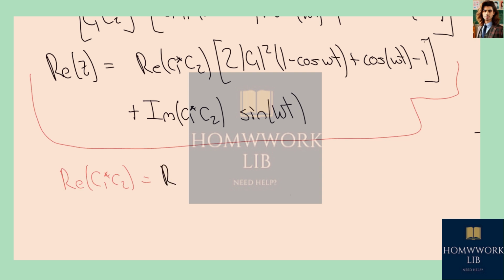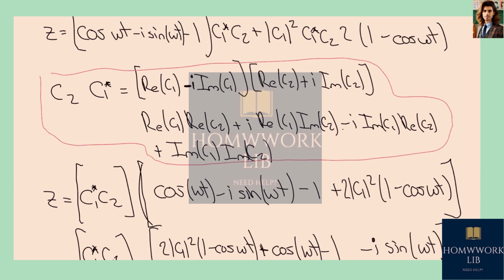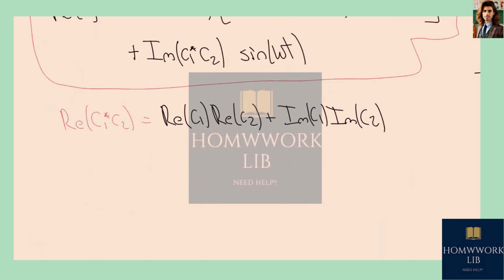So real part of C1 times real part of C2 plus the imaginary part of C1 multiplied by the imaginary part of C2. Recall that over here, I took care of the conjugate with the minus on this section, if you remember correctly, okay?